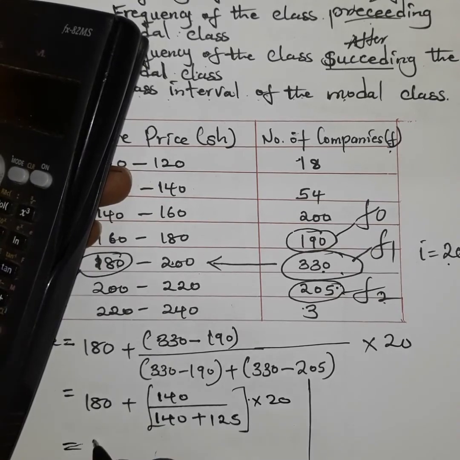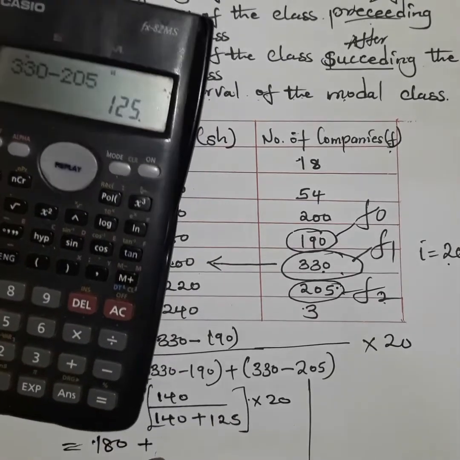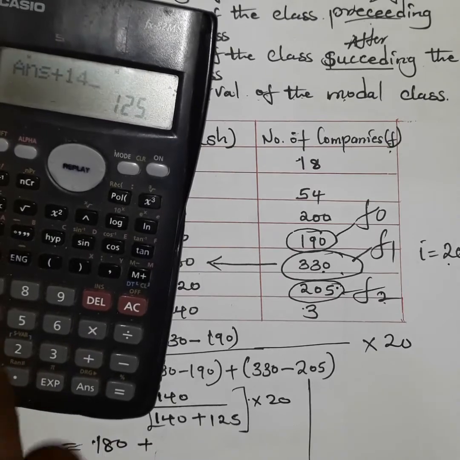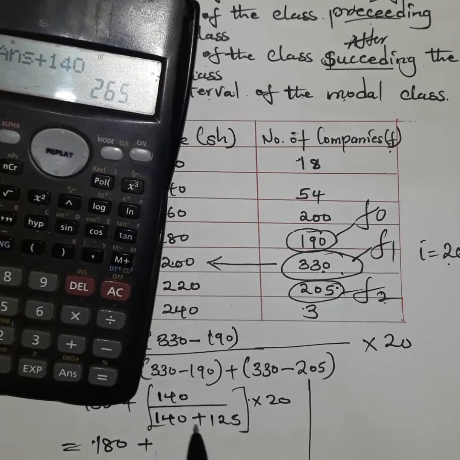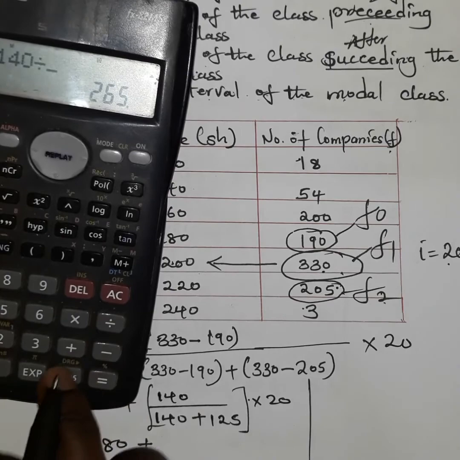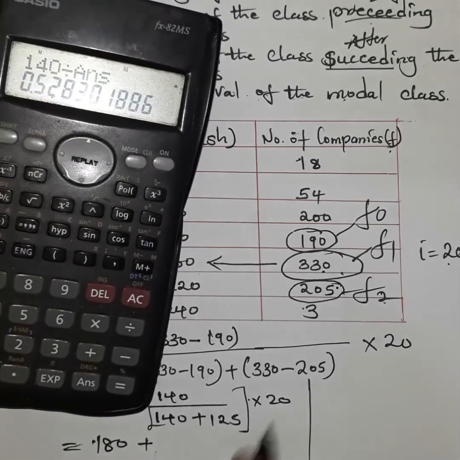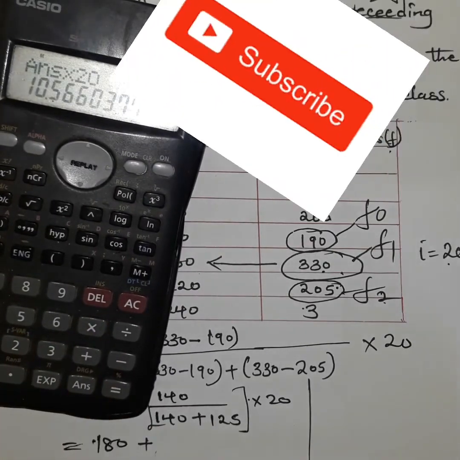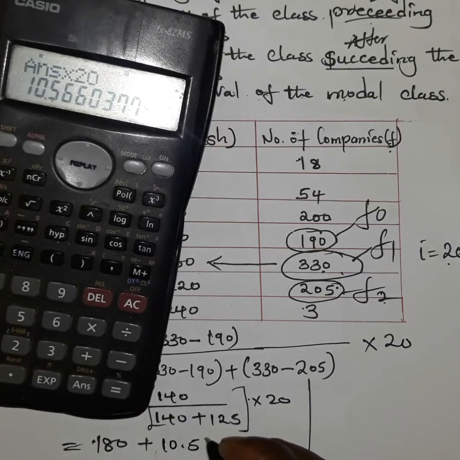Again we get 180 plus 140 over 140 plus 125, which is 265. So 140 divided by 265 gives 0.53, times 20, which gives 10.57.